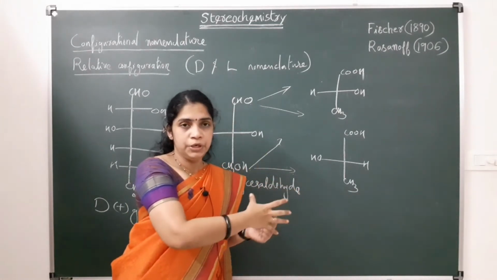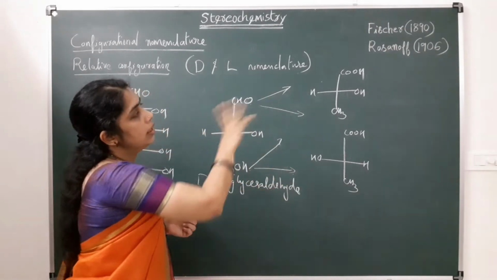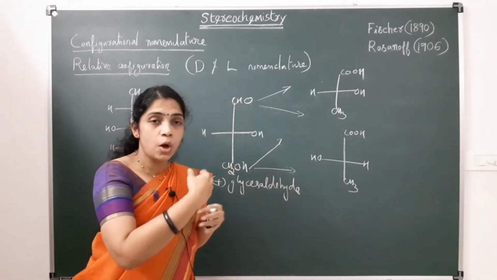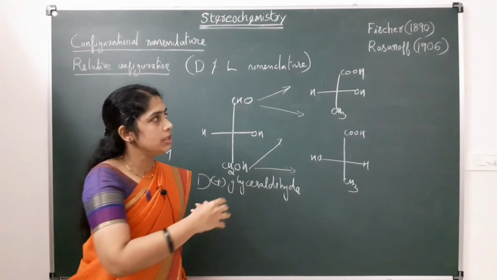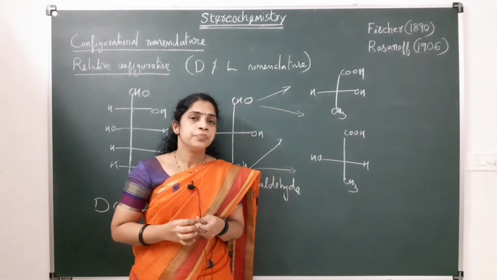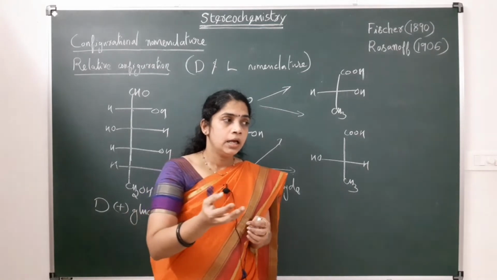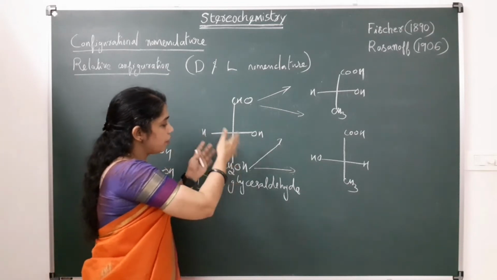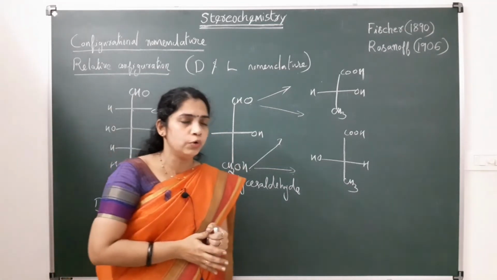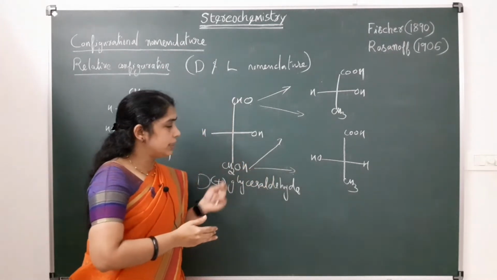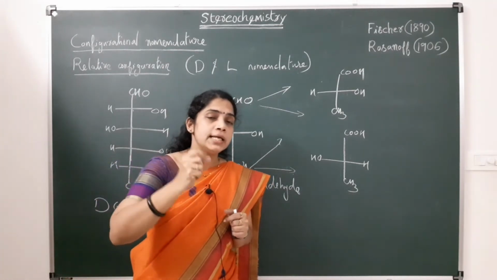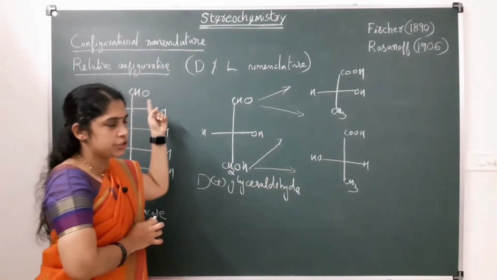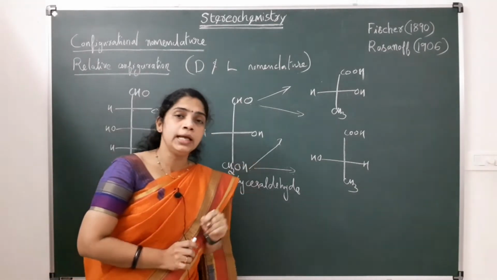There is a limitation. Then comes Rosanoff. He added his observations to Fischer's, and in 1906 he proposed that when writing the configuration, the longest chain must be on the vertical line, and the most oxidizable group, like COOH or CHO, must be on the top.